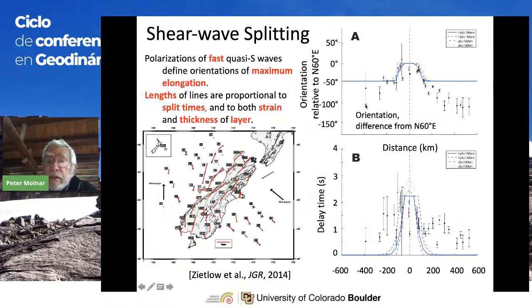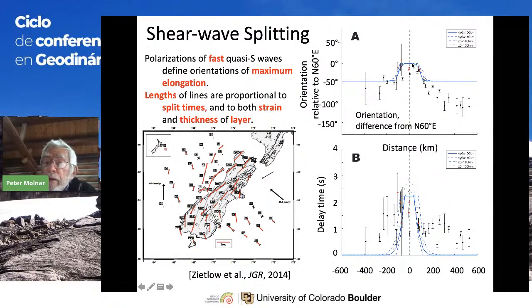If one takes these and makes a profile, aligns them over a midpoint, this is not aligned on the Alpine Fault, actually, it's aligned a little bit off it. The biggest values, these red dots, are very nearly parallel to relative plate motion. Relative plate motion is north 60 east, and these are deviations from that orientation.